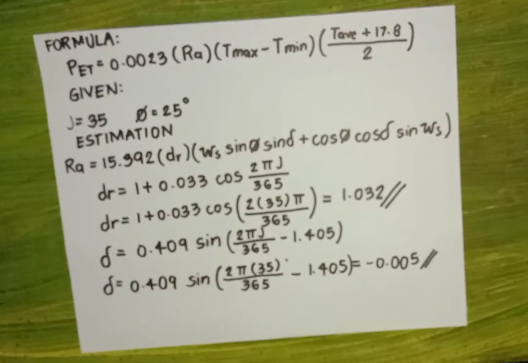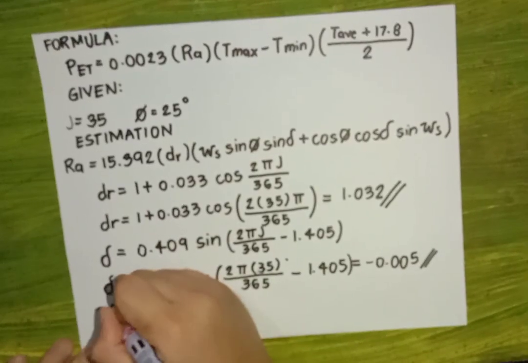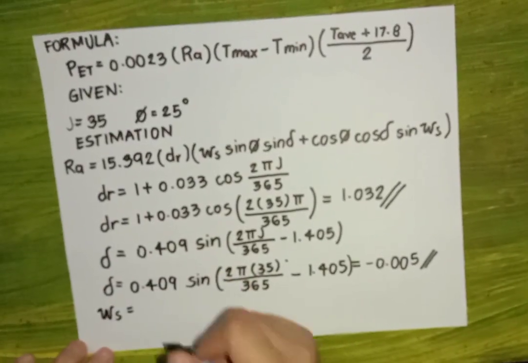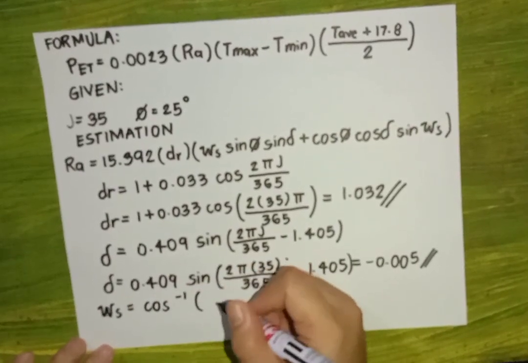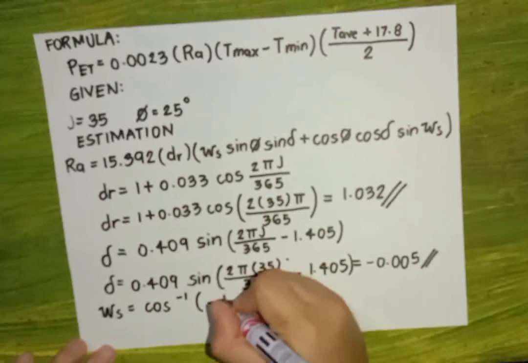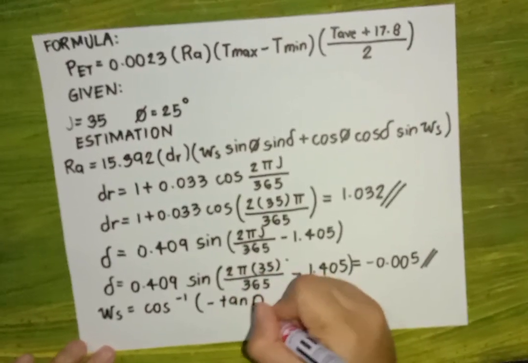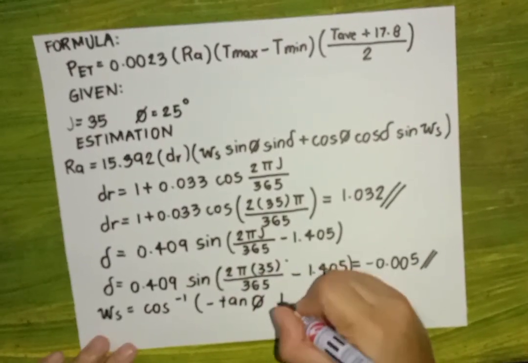To get the value of our W sub S, our W sub S is equal to arc cosine of negative tangent phi tangent delta.